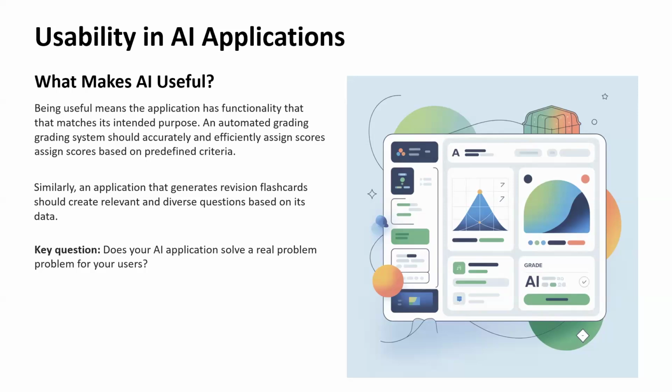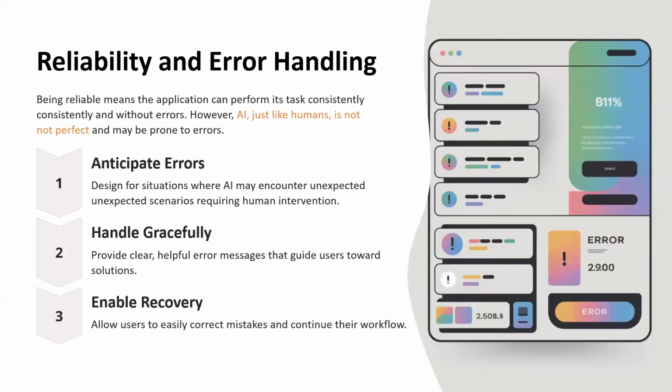So is it useful? We also talk about reliability and error handling. Being reliable means the application can perform its tasks consistently without errors. And we should also note that AI, just like humans, is not perfect and may be prone to errors. But the next steps show us how to ensure that our application is reliable and gracefully handles errors.